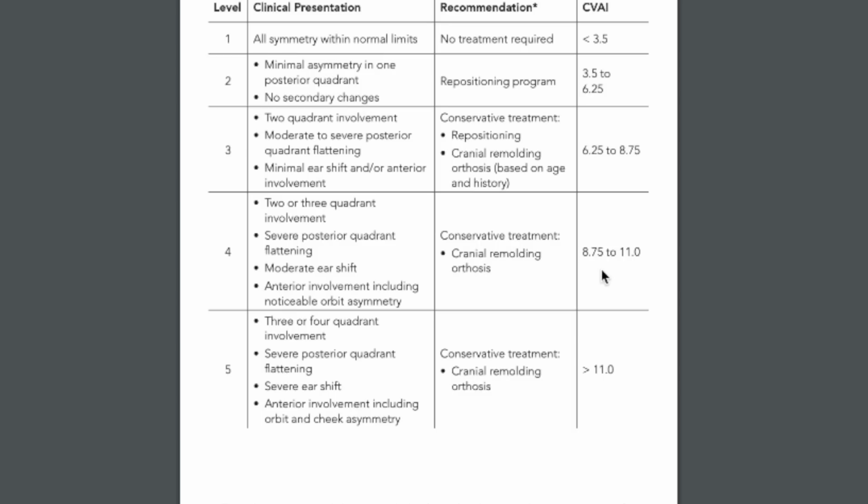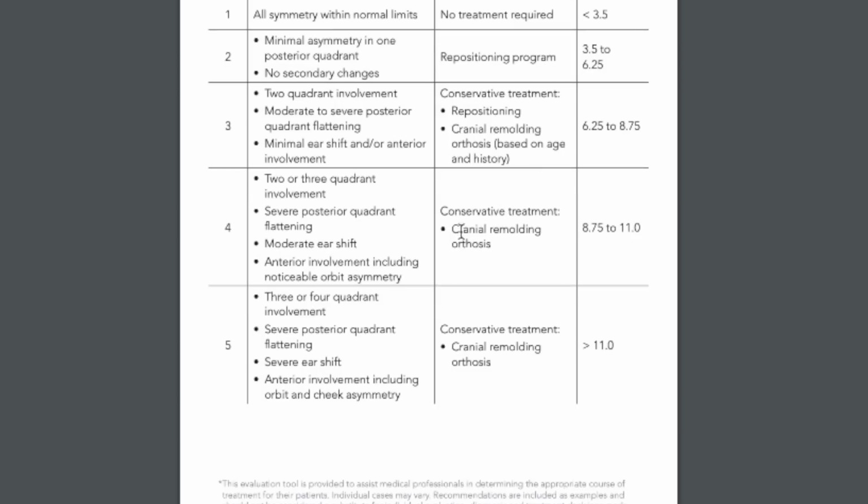If it's 8.75 to 11, this says that you should refer them directly for a helmet. If they're 0 to 2 months, maybe even 3 months, you can give it about a couple of weeks to see if the repositioning program is effective.